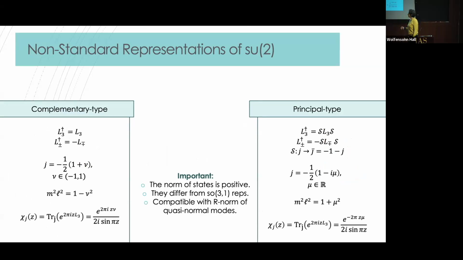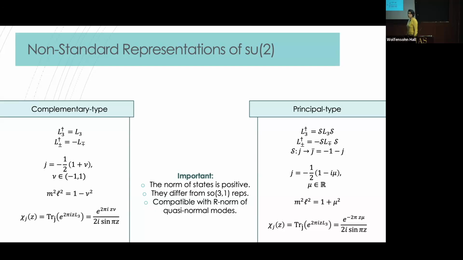Usually in the unitary representations, you would have a beautiful plus sign there. So I change the definition of the inner product. And that allows, for instance, in what we call complementary type representations, to have the Casimir being negative, with what we call light fields in de Sitter.